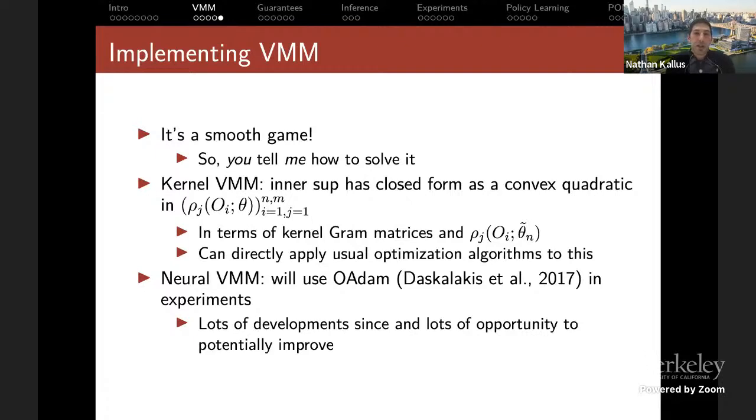Actually, interesting story. It was 2018, and we were doing this work. We were trying to figure out how to do it. We had a lot of the theory figured out, not for this inference stuff, but for earlier things. But the experiments were just terrible. We couldn't optimize it, right? It seems like in GANs, you can kind of get away with ascent-descent, but it was just not working for us.